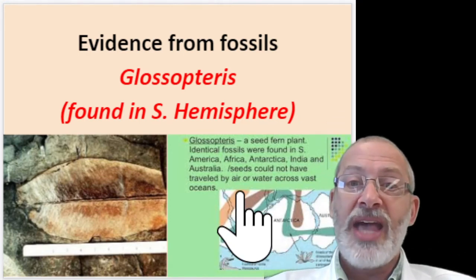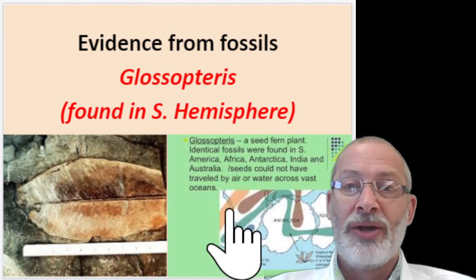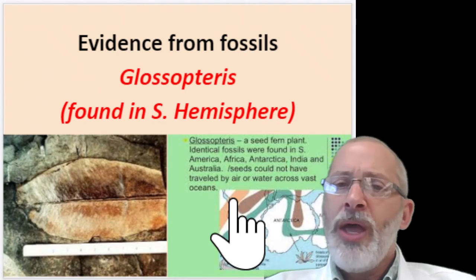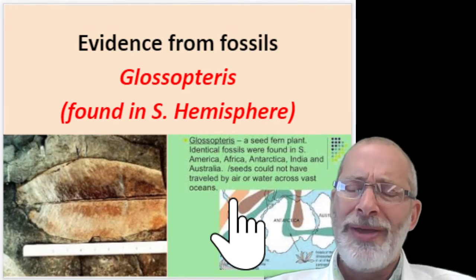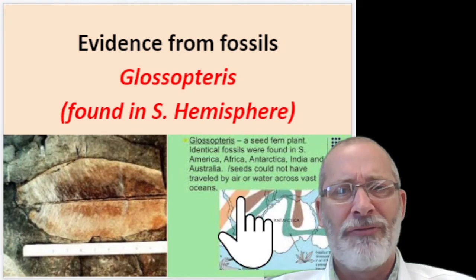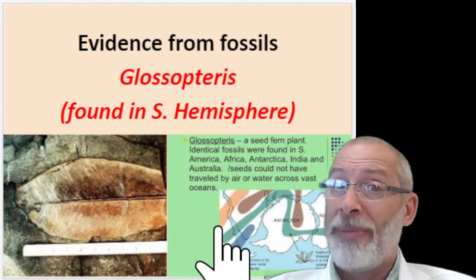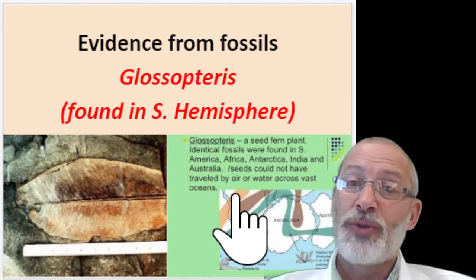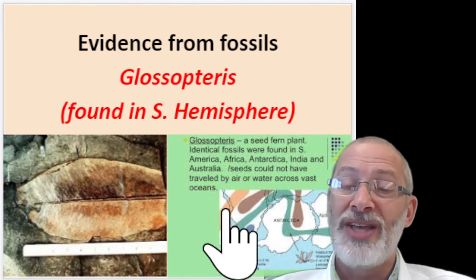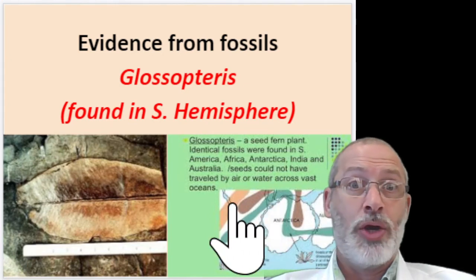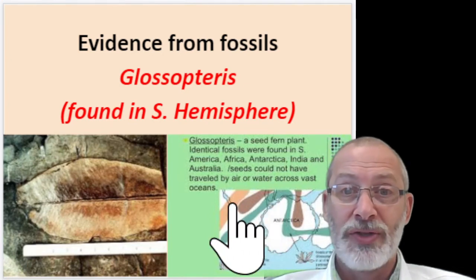The same exact fossils are found in these different locations. But if you were to imagine that these continents, again, like South America and Africa, at some point in the past were next to one another, that might explain why the same exact kinds of fossils are found in present day locations that are thousands of miles apart.